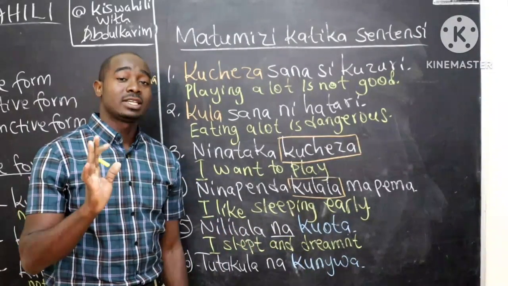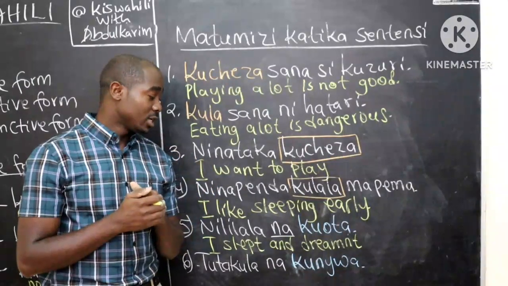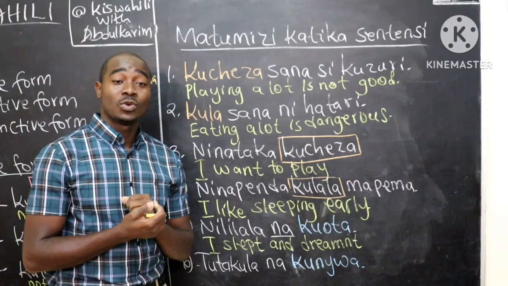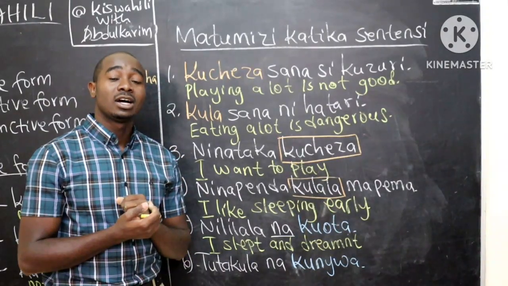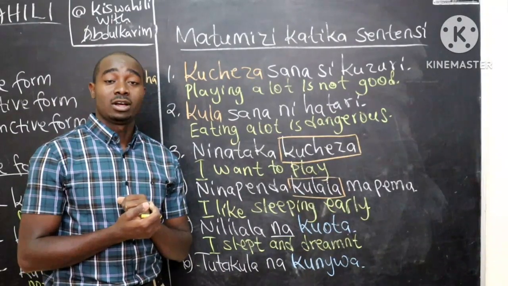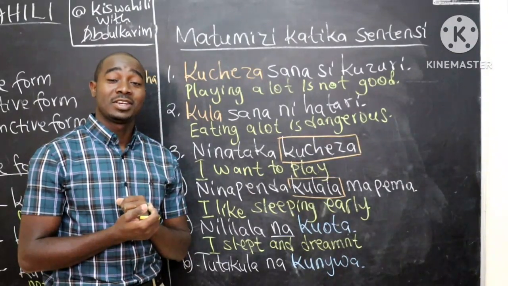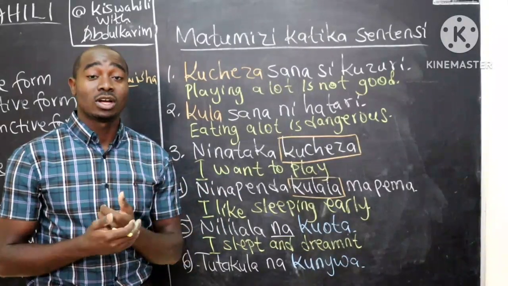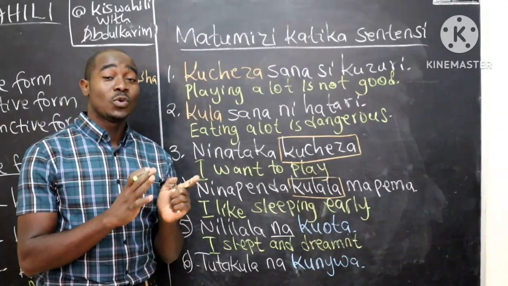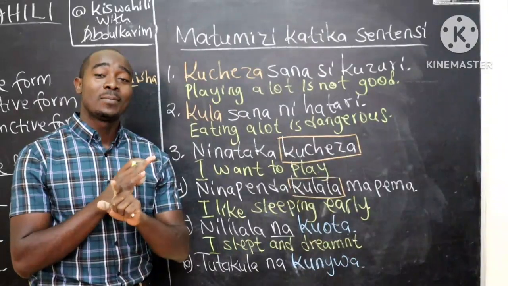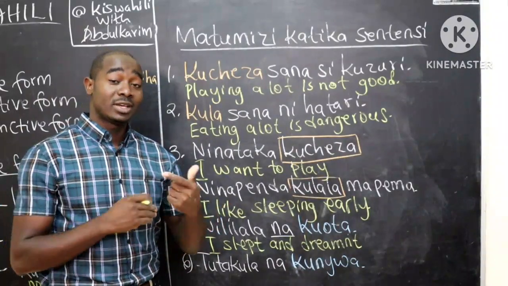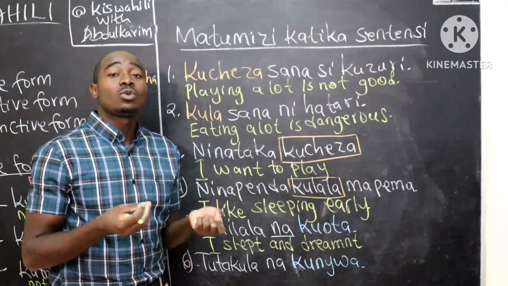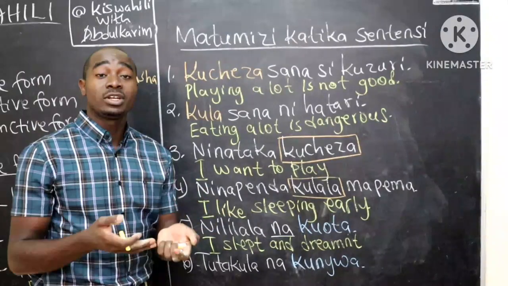Okay, let's assume that you've made the mistake. Now you said nita kukula. You wanted to say I will eat, and in this case you say nita kukula. You see, you added the ku, but that will have another meaning completely. In some instances, when you add ku, like ninaenda kukula, I'm going to eat.